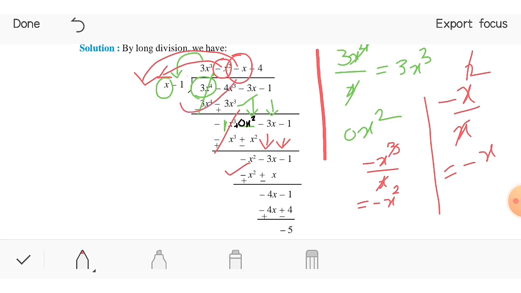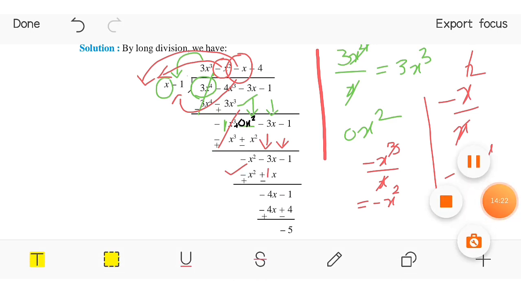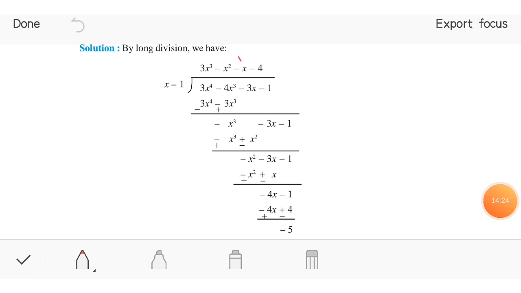Minus x into minus 1 will give us plus x. There will be a symbol change. This minus x square will be changed to plus x square. This plus x will be changed to minus x.